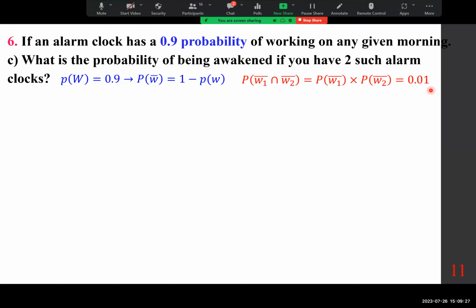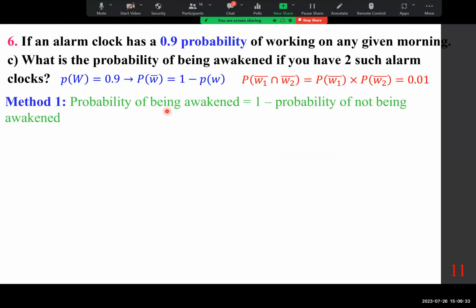It's already done. So the first method is very simple, simply 1 minus that. So probability of being awakened is 1 minus the probability of not being awakened. So the assumption is that means we wake up to the alarm. So 1 minus 0.01 gives us 0.99. So there's a 1% chance it won't work.